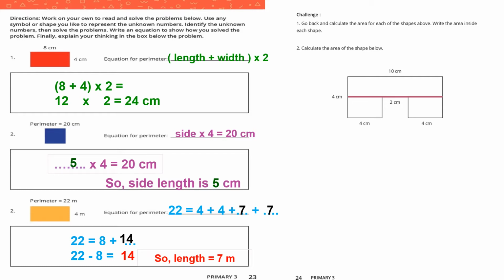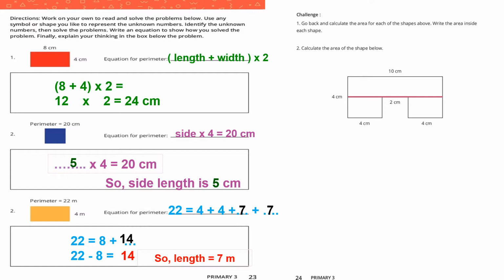Calculate the area of the shape below. I have here a shape. I made this line to divide it into 3 rectangles. This is the first one, this is the second, and this is the third. He wants me to find the area of all of these rectangles.